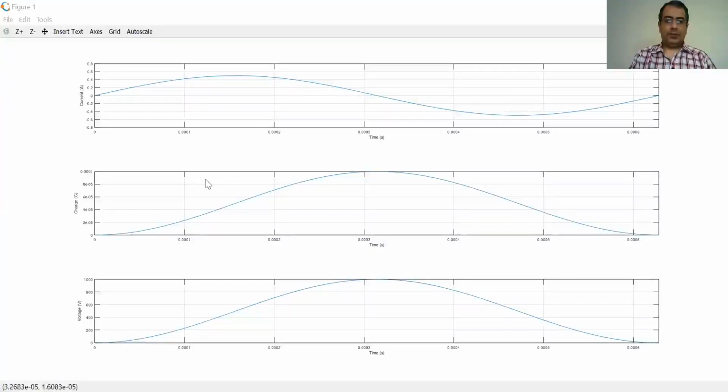As long as the current is positive, the voltage increases. When the current becomes 0, these two reach their maximum, and then when the current reverses, both the charge and the voltage start to drop.